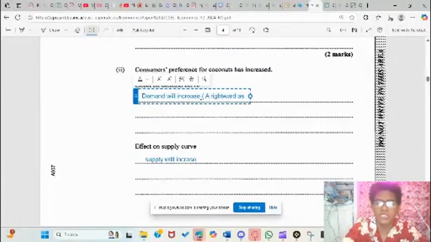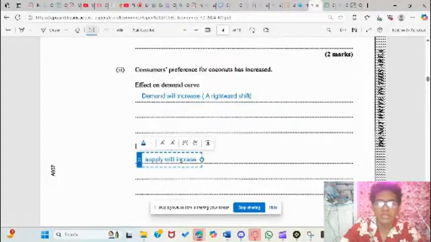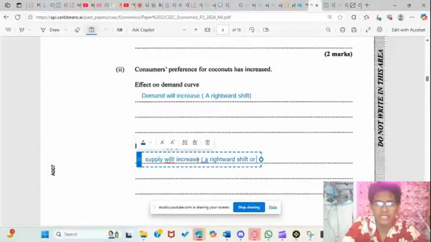Supply will also increase. Effect on supply curve: supply will increase, with a rightward shift or extension.